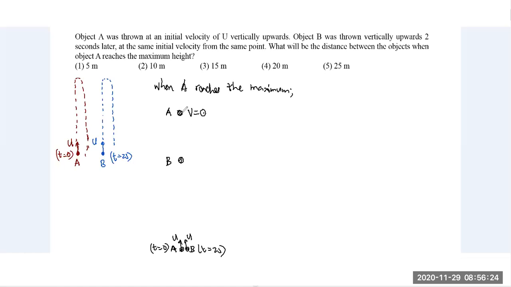Now, when A reaches the maximum height, it will have a velocity of 0. Then talking about B, at that time, what can we say about B?